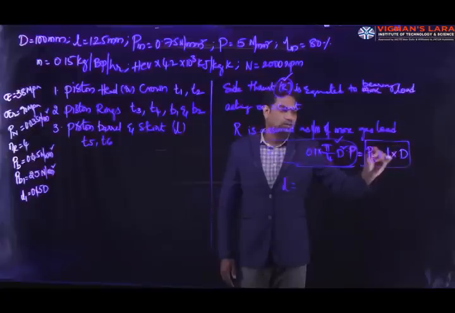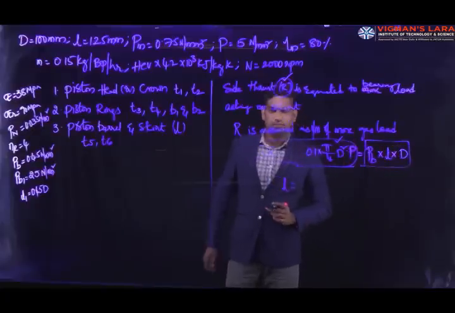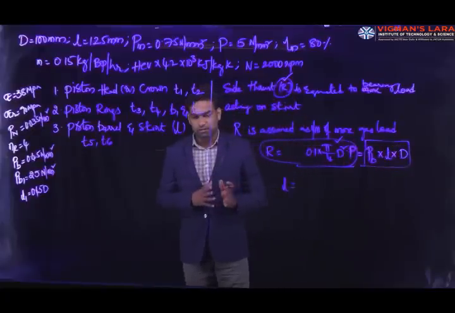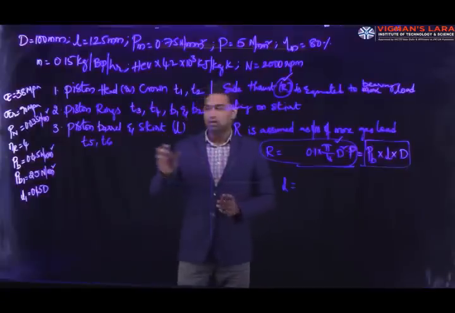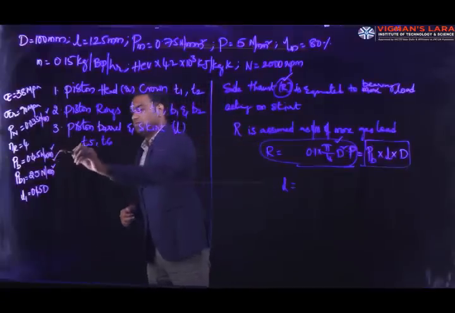PB is the pressure acting on the piston skirt length, which has to be taken as 0.45 Newton per mm square.